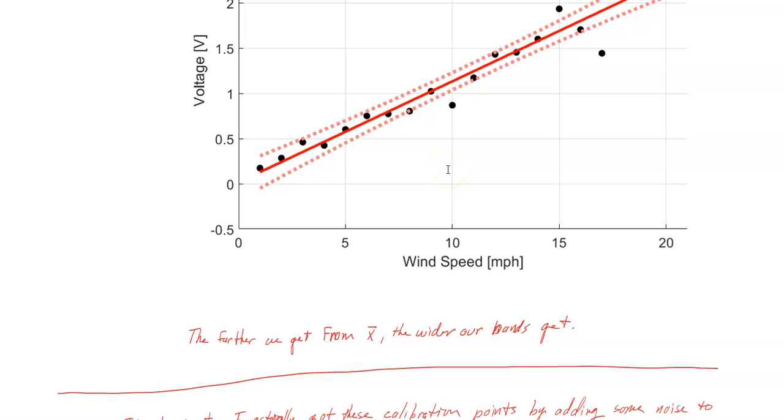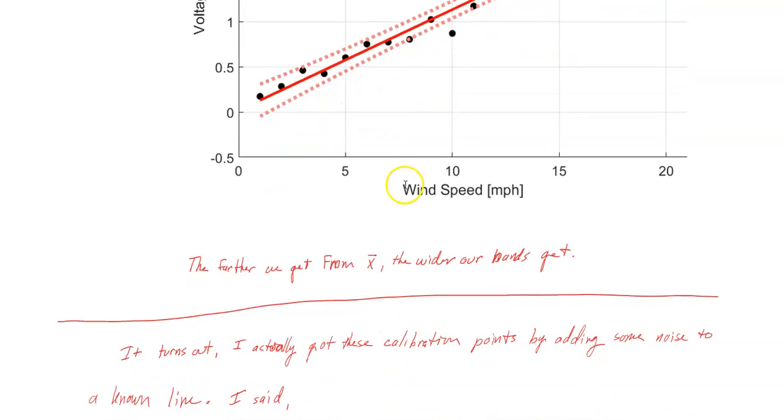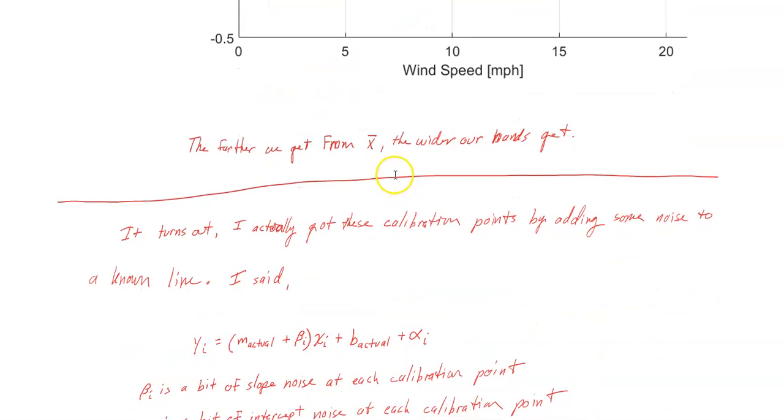But I wanted to explore this idea a little further. So it turns out that I actually got these calibration points by adding some noise to a line that I already knew. Now, in practice, you won't know this, but I'm doing this to prove a point.